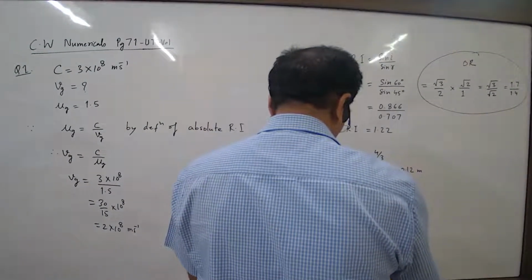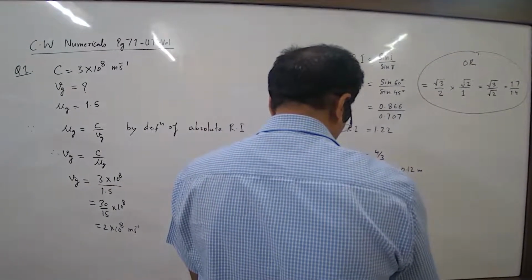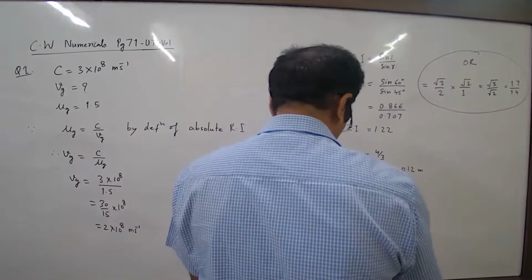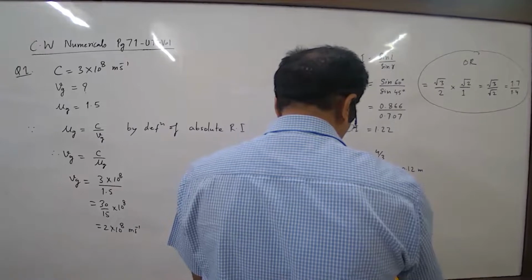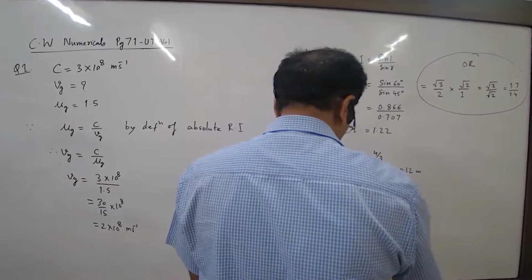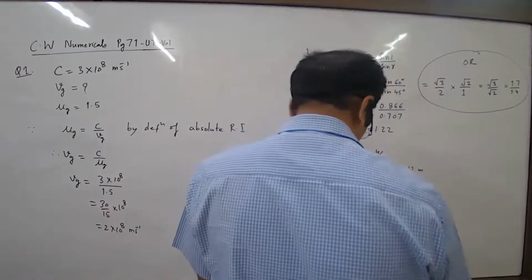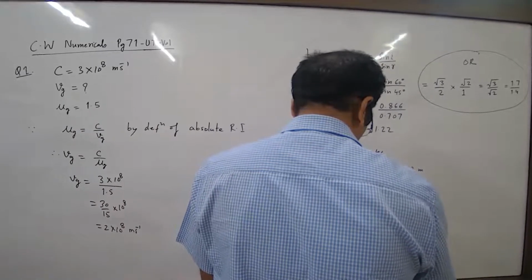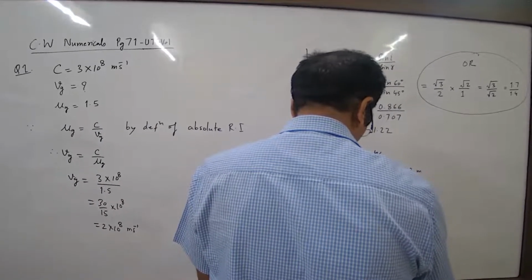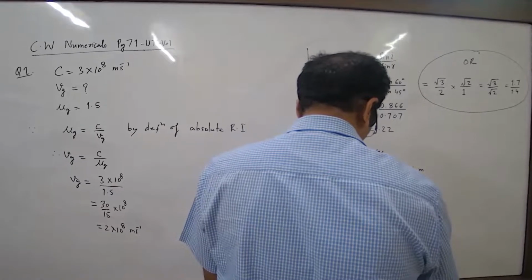Height raised is real depth minus apparent depth. And what is apparent depth? Apparent depth is real depth divided by mu w.